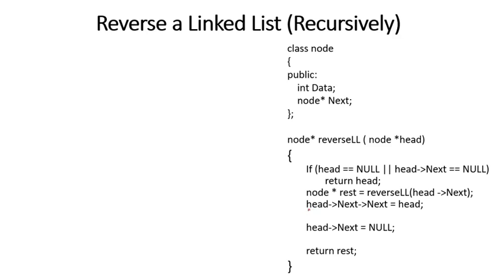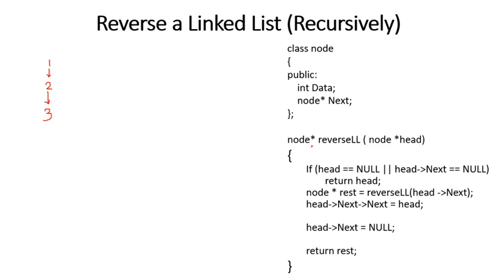Now consider a real example. The list contains the elements 1, 2 and 3. So 2 is the successor of 1 and 3 is the successor of 2.